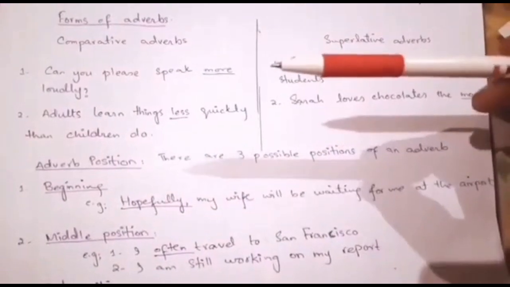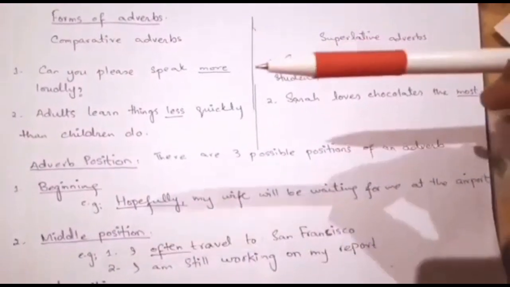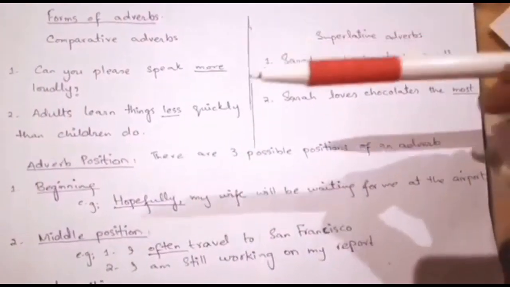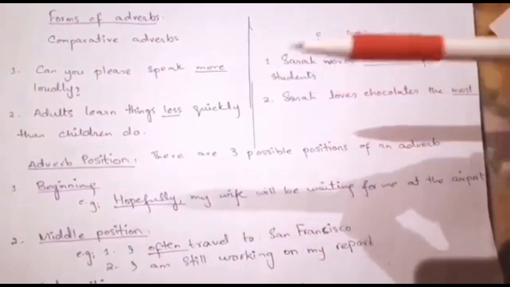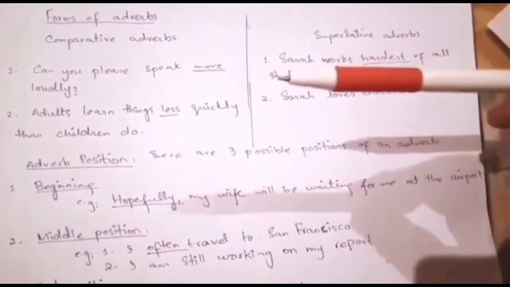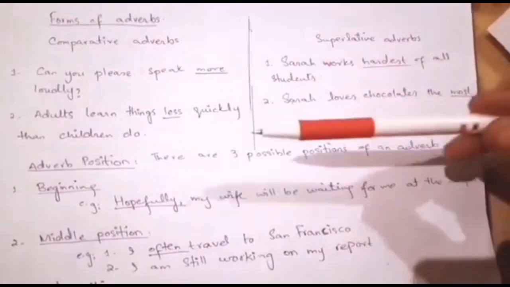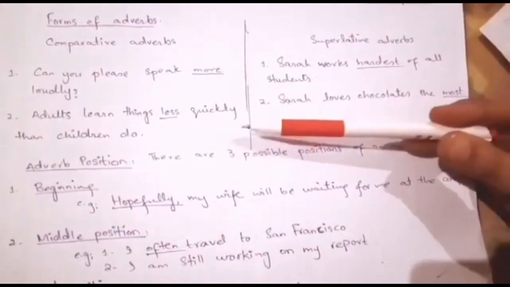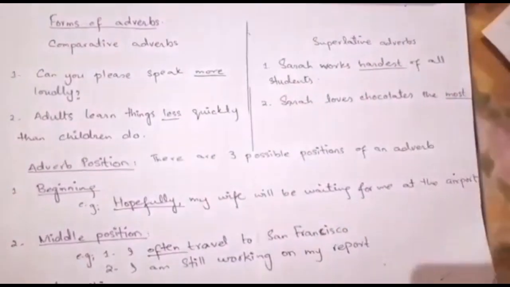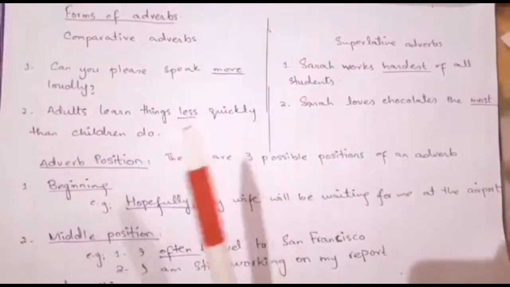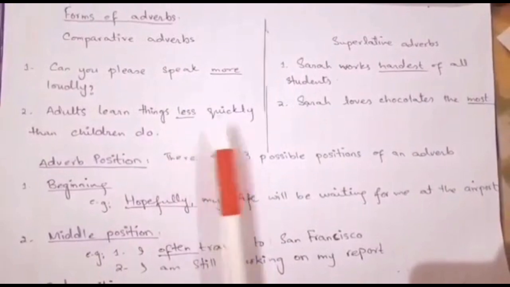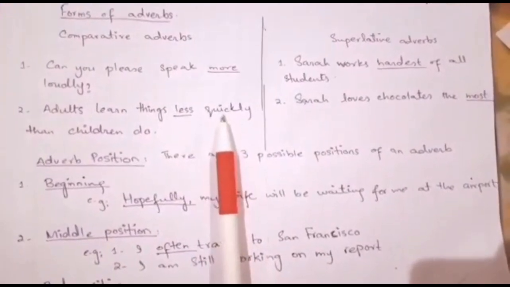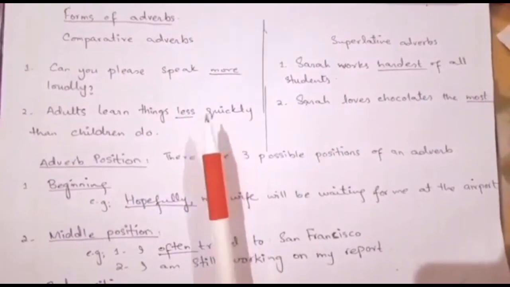In the same way, example number 2, adults learn less quickly than children do. That means children learn more quickly and adults learn less quickly. So over here, the comparative adverb less quickly modifies the verb, right?